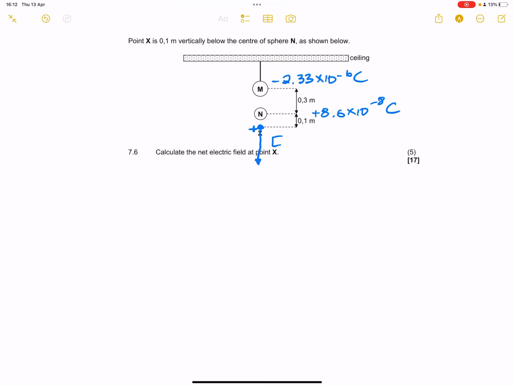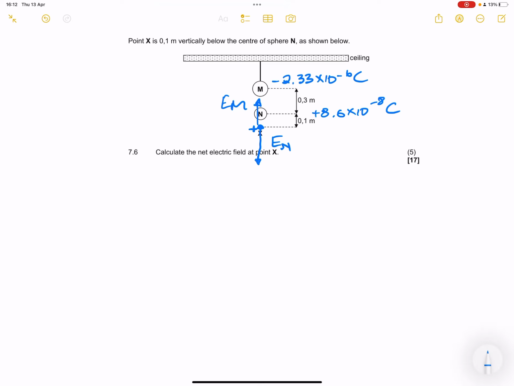So the field due to M will be downwards, because M is repelling that imaginary positive charge. And then what about N? Because N is negative, it would tend to attract that charge. So the field due to N, in this case, would therefore be upwards.